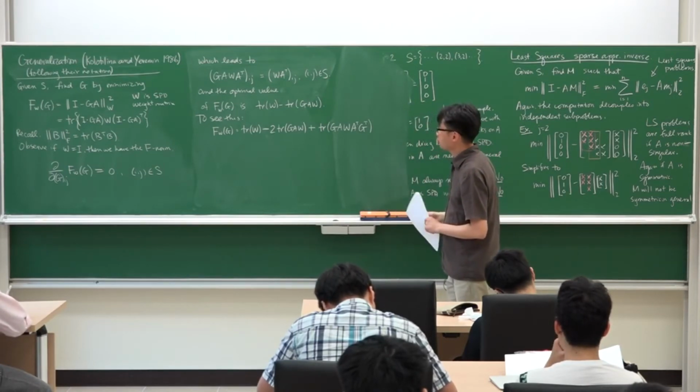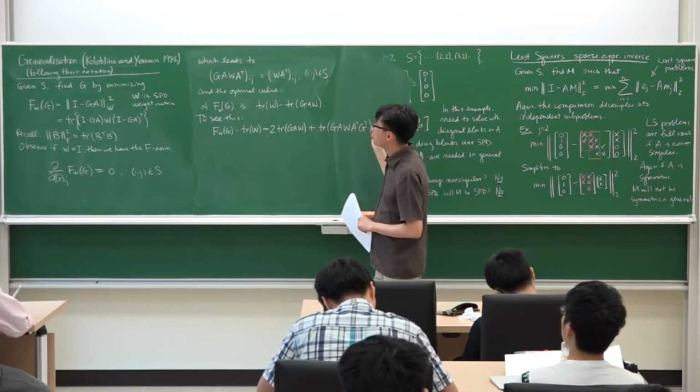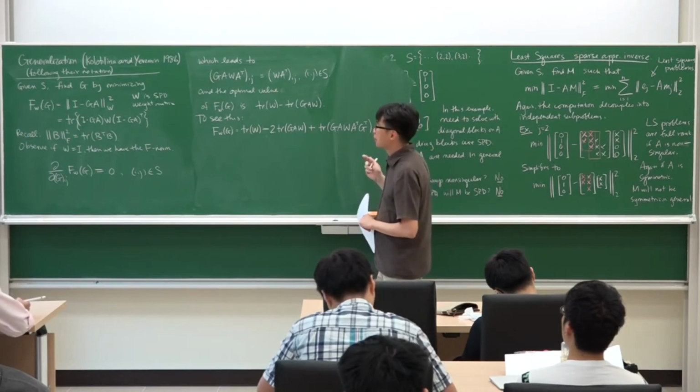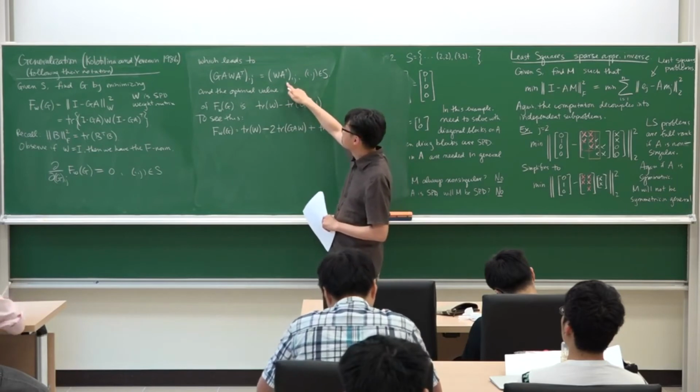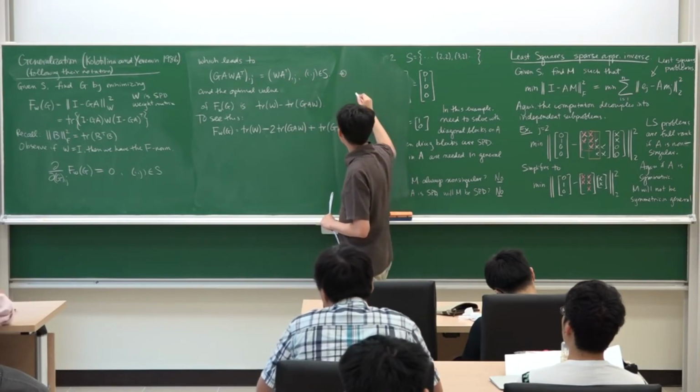Now, in order to see what the optimal value of this is, we have to utilize something that led to the optimal value. So we're going to utilize this fact.